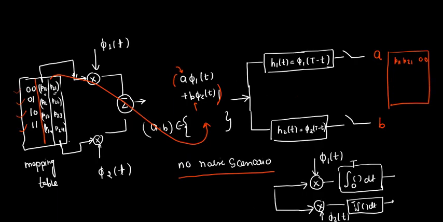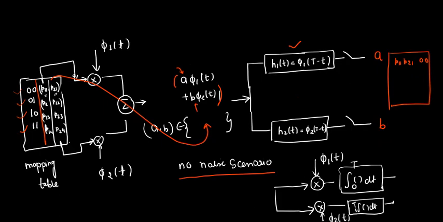Rather than passing this signal through a matched filter, if you want to know how much this is matched with phi 1, or what is the weight of this with phi 1, you can do the same thing by using a bank of correlator filters. These are mathematically the same, either you do this or that; we will do the proof later.